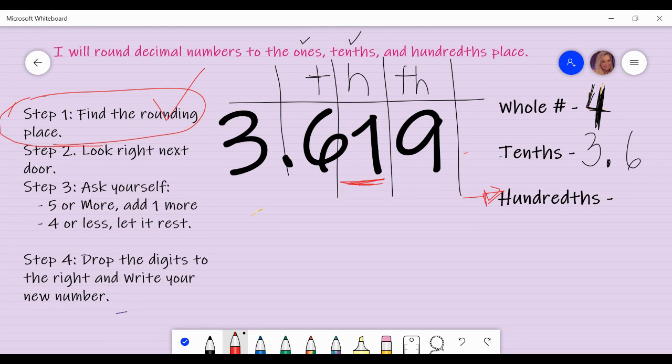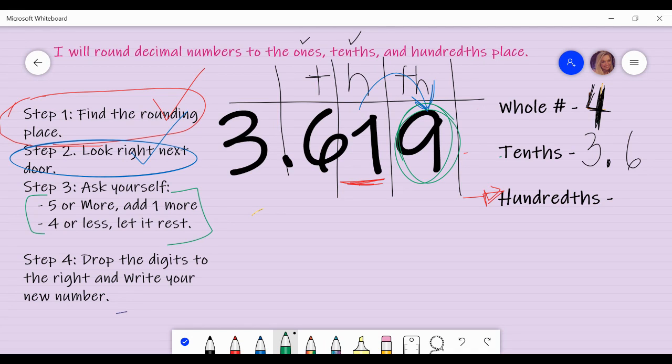Okay, we did that. Let's do step 2. We're going to look next door to the right. My neighbor is a 9. Okay, we did that. Then it says ask yourself, 5 or more, add 1 more, 4 or less, let it rest. So is this 5 or more? Yes, it is. So I drop it, and this gets 1 added to it.